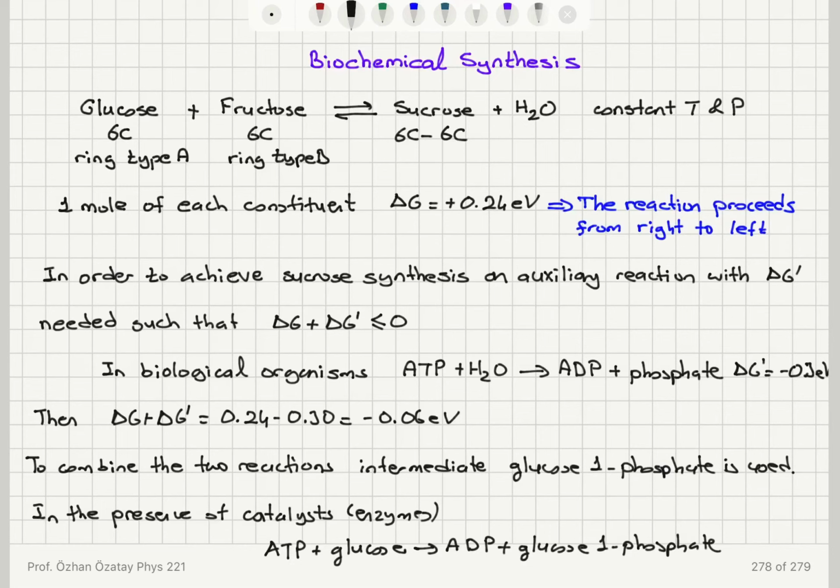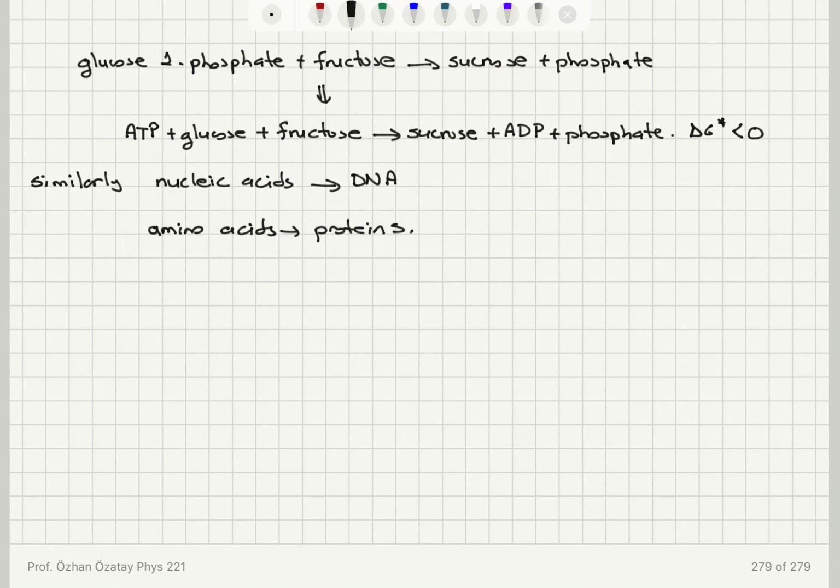Naturally this reaction will proceed from right to left, but by introducing an auxiliary reaction where adenosine triphosphate reacts with water to produce ADP plus a phosphate, where the Gibbs free energy change is minus 0.3 electron volts, with the help of catalysts and enzymes, ATP reacts with glucose to produce a glucose 1-phosphate intermediate product, and that intermediate product reacts with fructose to produce sucrose and phosphate.